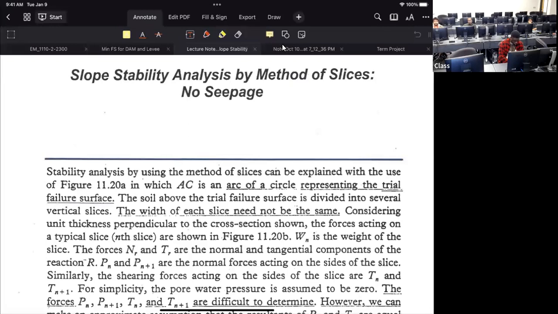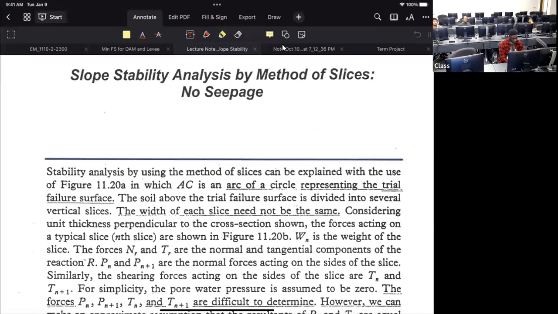Let's say you have a slope. The very name slope stability means there is a problem of instability, right? So there is always a component of instability integrated in the slope. Do you know where that instability comes from? The slanting nature of the slope, the slantedness of the surface.